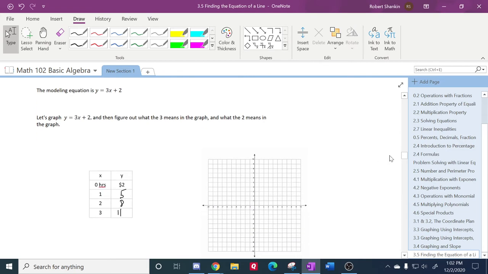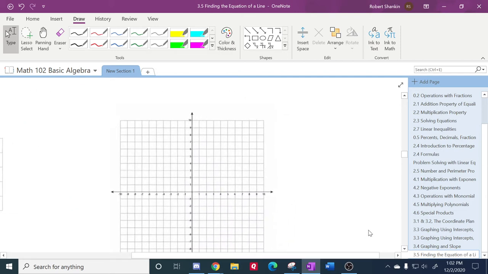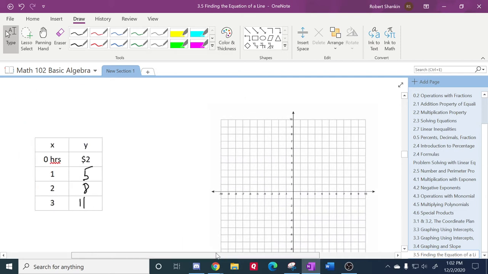So I take these points and blow it up a little bit. 0, 2, 1, 5, 2, 8, 3, 11.